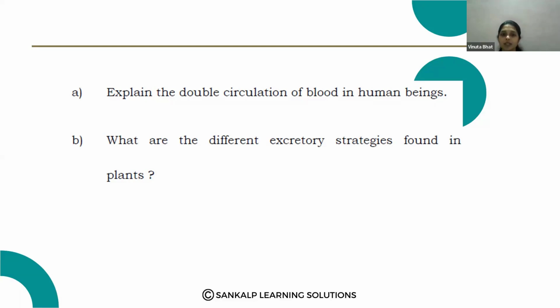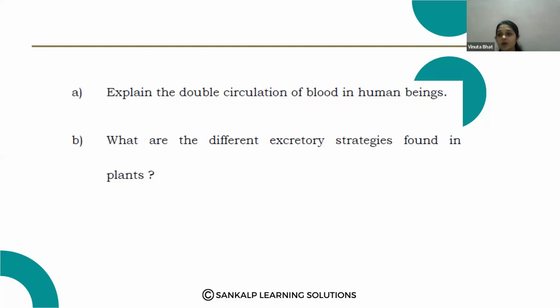Here, the double circulation of the blood takes place in human beings and all mammals which have four chambers in the heart. The oxygenated and the deoxygenated blood move separately. Oxygenated blood enters the atrium, then the ventricle, then the aorta, and it transports to the cells.